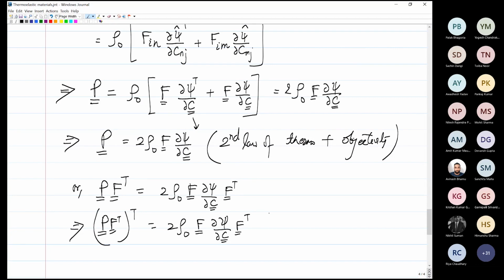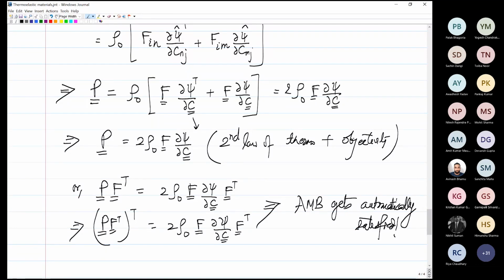So what this tells us is that A and B gets automatically satisfied. So second law of thermodynamics, or entropy inequality together with objectivity, ensures that angular momentum balance is automatically satisfied.